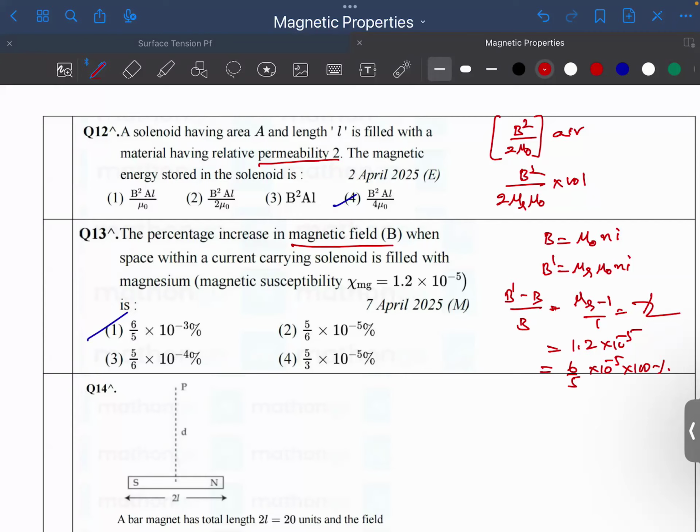I still know some students who did not do this question, even though they know this formula.